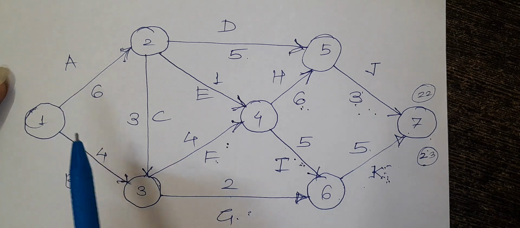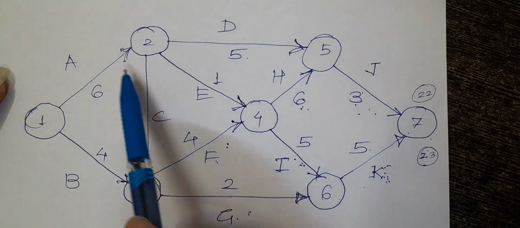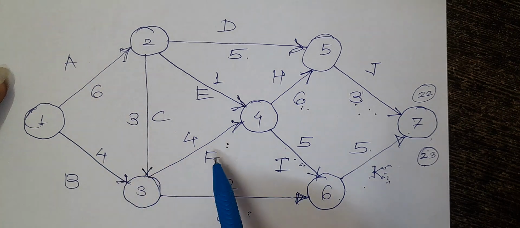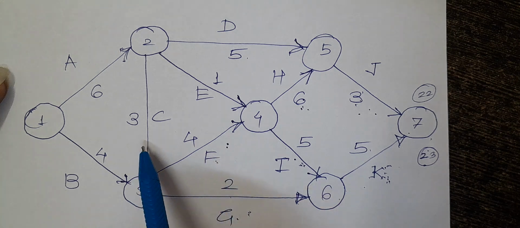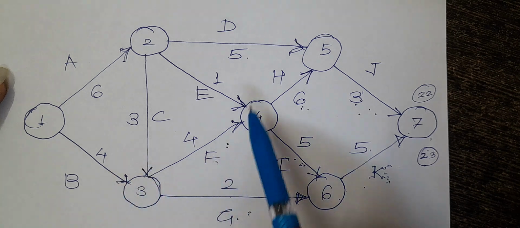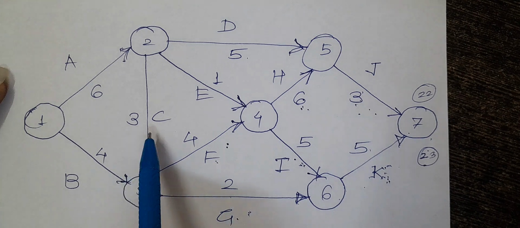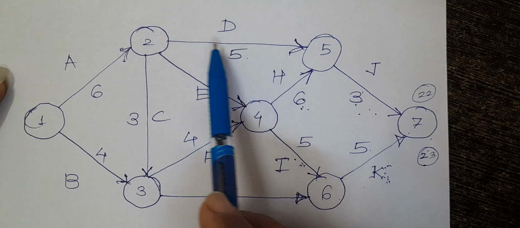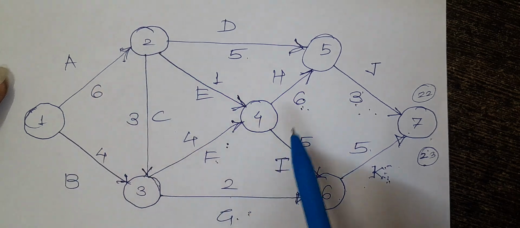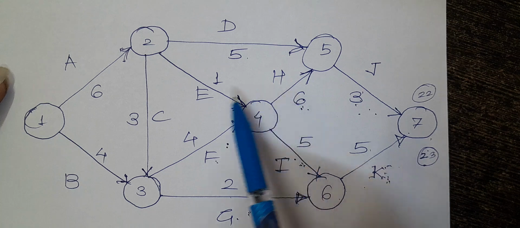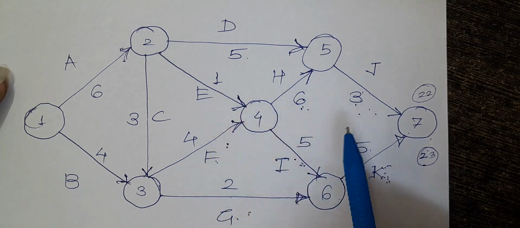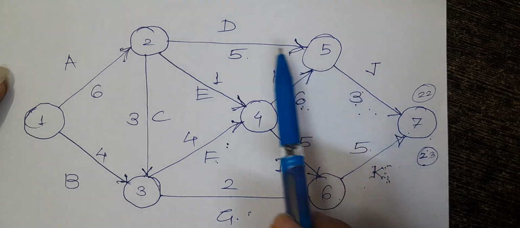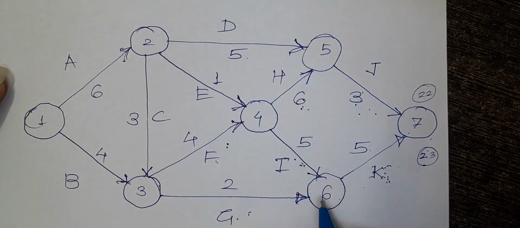Activity C has predecessor A. Activity F has predecessors C and B. Activity G has predecessors B and C. Similarly, activity D has predecessor A. Activity H has predecessors E and F. Activity J has predecessors D and H. Similarly, activity K has predecessors I and J. In this way, we have to draw the network diagram.